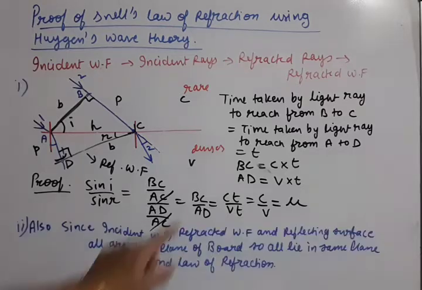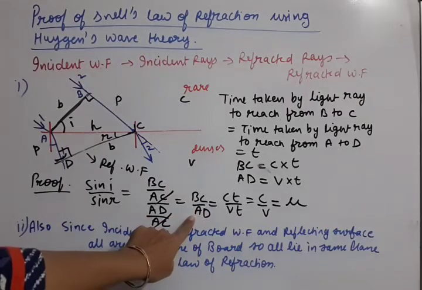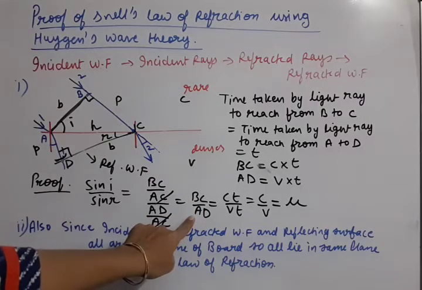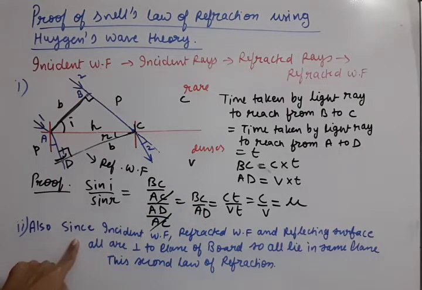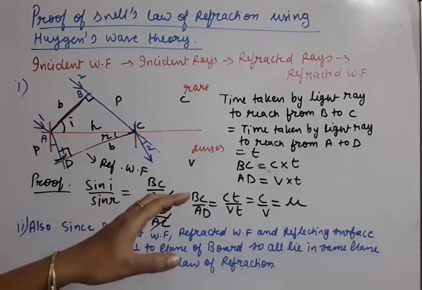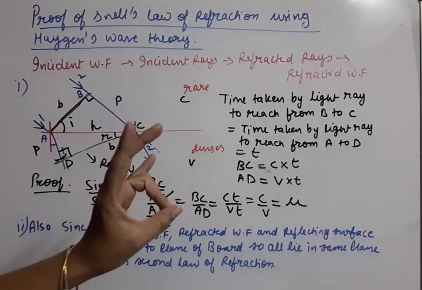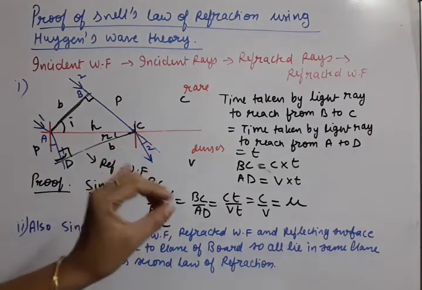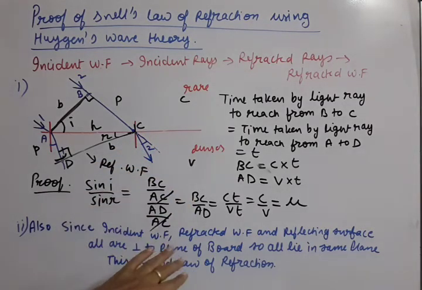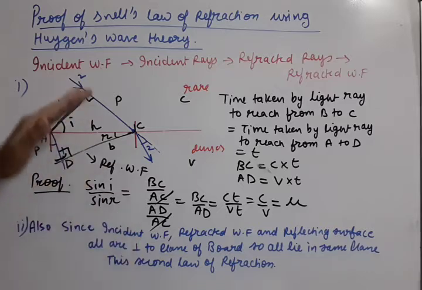With this Snell's law, that means the first law of refraction, you have to discuss the second law of refraction also. As we say about the ray, that the incident ray, refracted ray and normal all lie in the same plane, in the same manner we have to talk about the wavefronts also. We know that the incident wavefront is a plane wavefront.